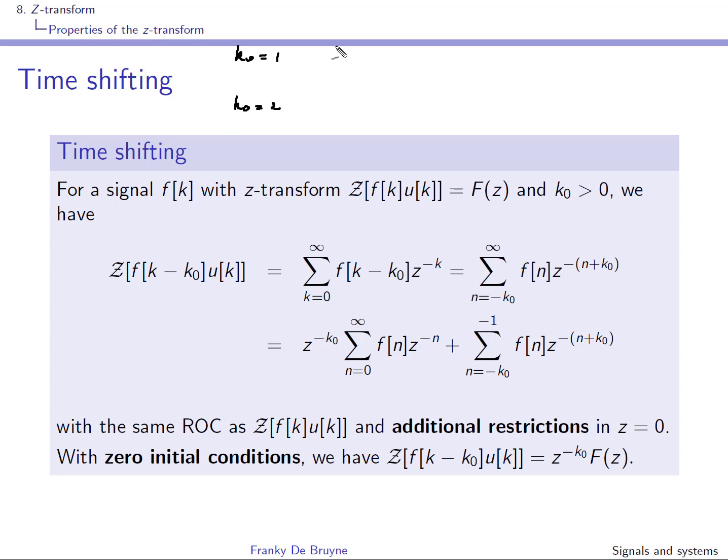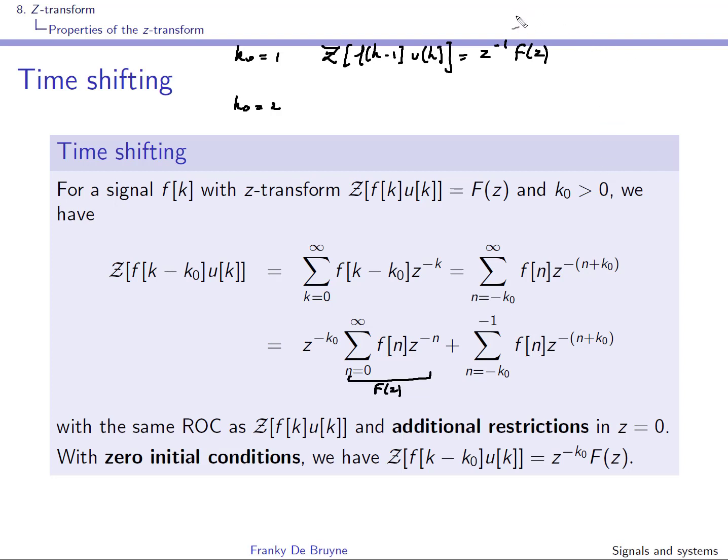So let's apply this. So we assume that we have the Z transform of the original signal. So the Z transform of the signal shifted by one index is, well, this is f of z, right? It's z to the minus 1 f of z, and in this sum there will be only one term.